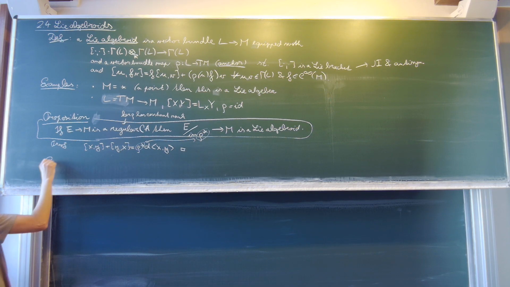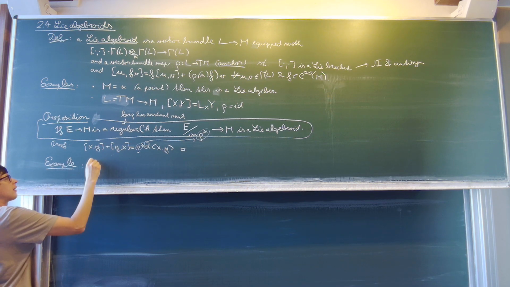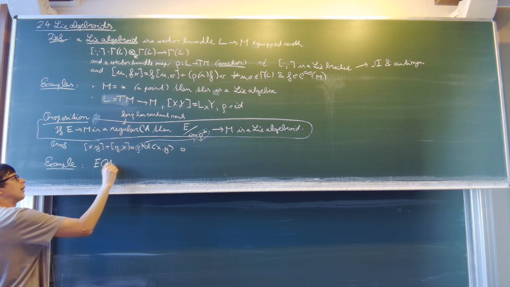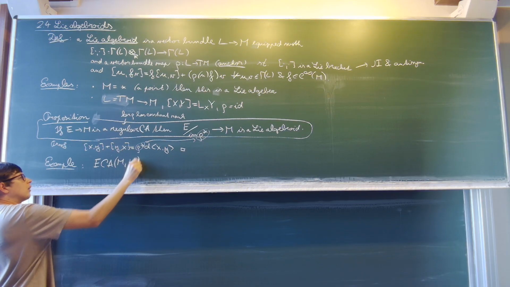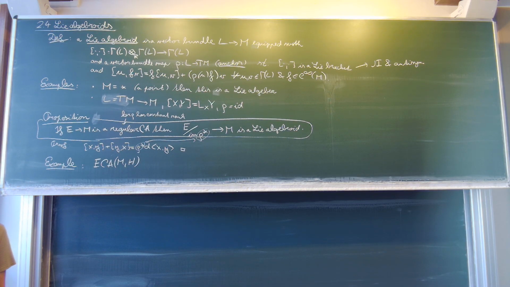Okay, as an example, what happens if you take the exact Courant algebroid? If you take this ECA, what do you get from this?